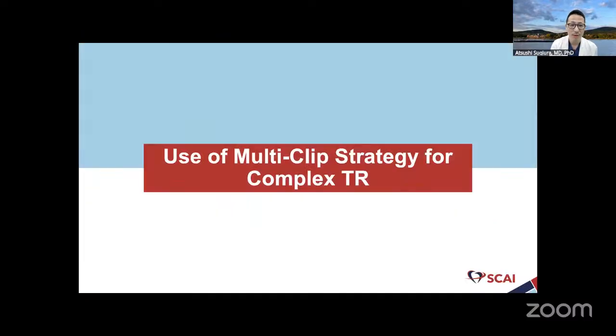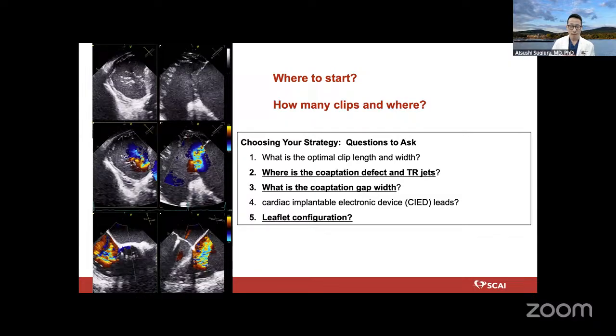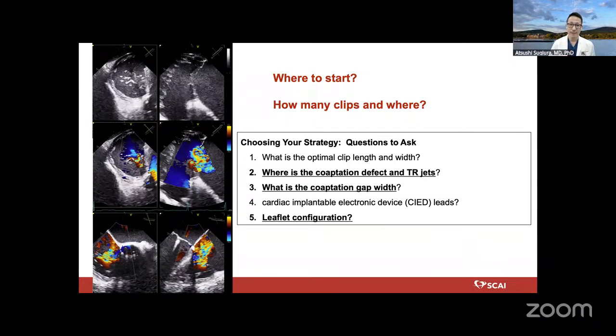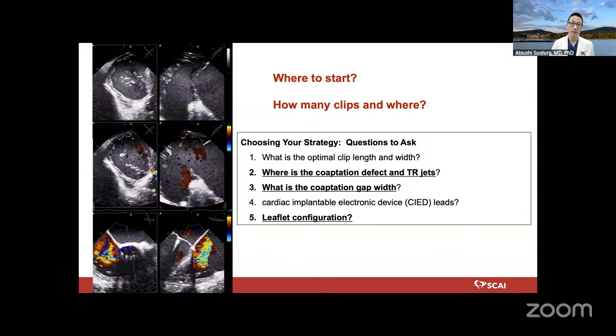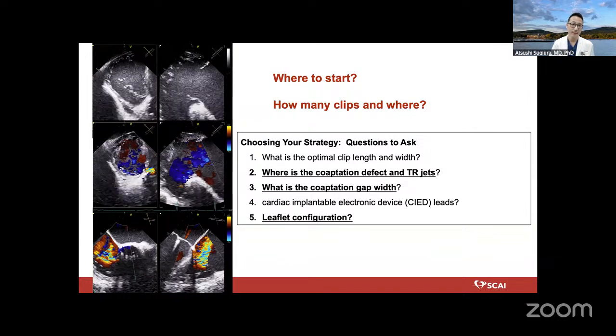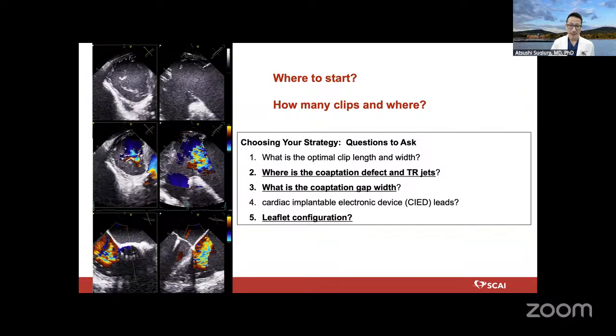My topic is all about the use of multi-clip strategy for complex TEER, because it's quite often needed if you are doing transcatheter edge-to-edge repair for tricuspid regurgitation. First to ask is where do we start, and also how many clips and where is really the important question for the beginning.